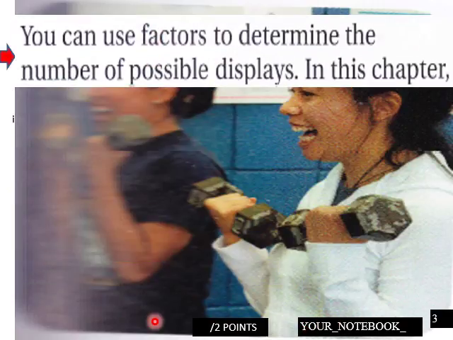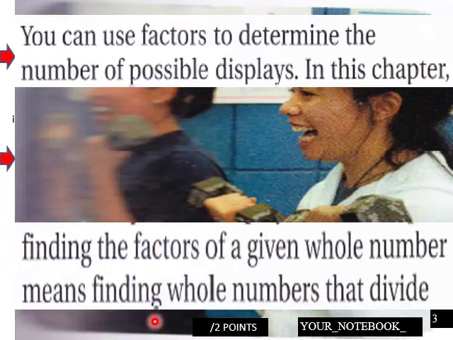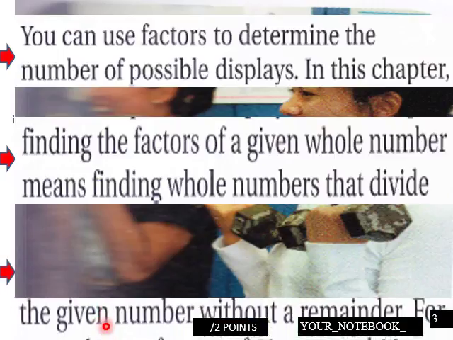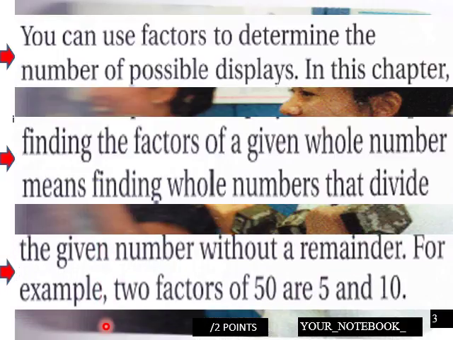Keep your notebooks out, class. You can use factorization to find factors of given whole numbers. This is important for the rest of this chapter, not even just this lesson 4.1, but the whole chapter 4.